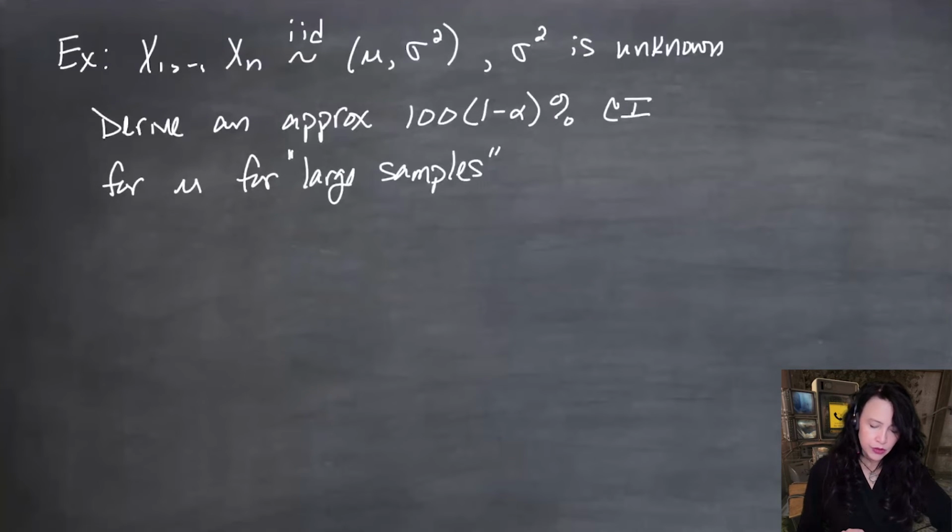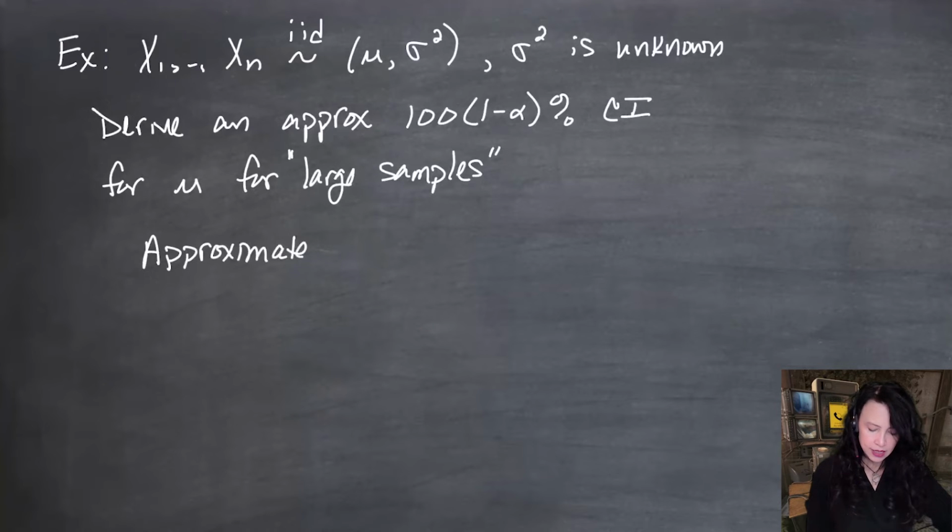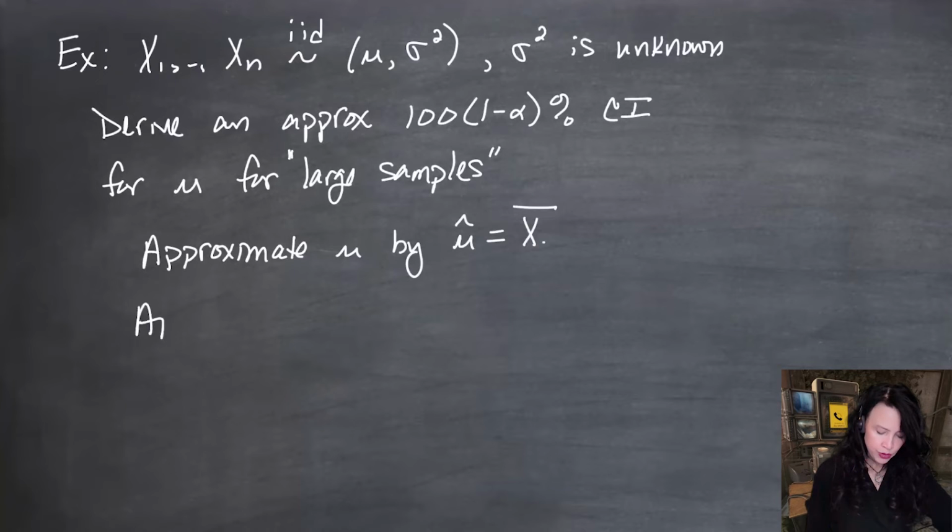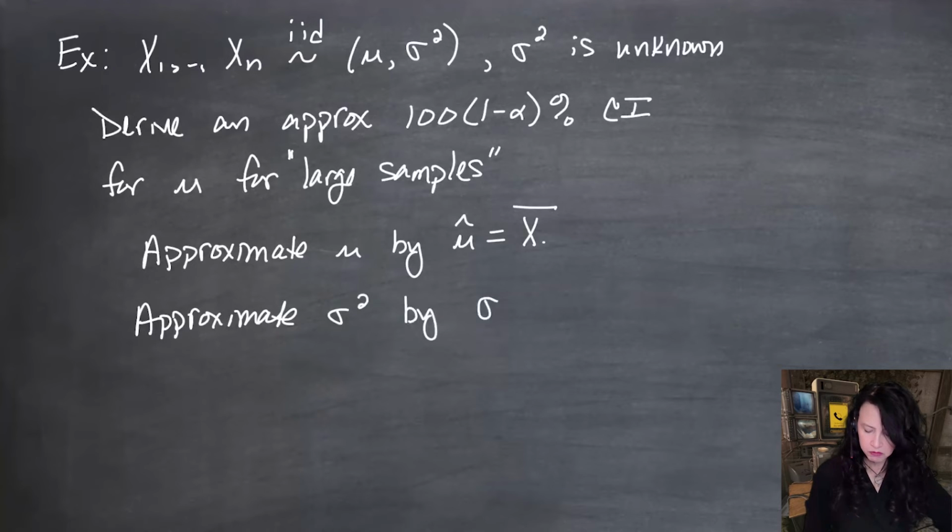So what you might do here is say that you're going to approximate mu by x bar, and you're also going to approximate sigma squared by an estimator. Let's use the sample variance, s squared.